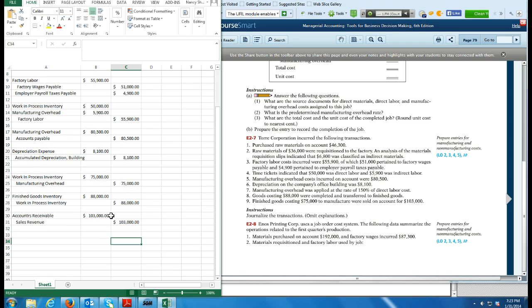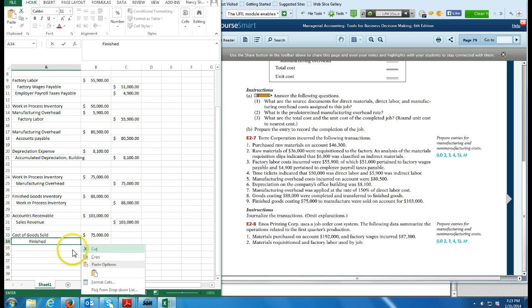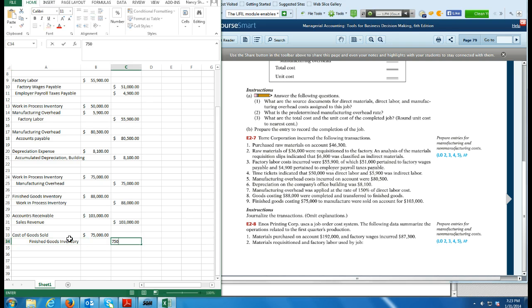And then we will also show a debit to cost of goods sold of $75,000, and our credit is going to be finished goods inventory of $75,000.